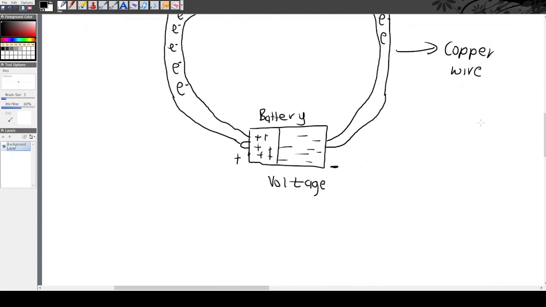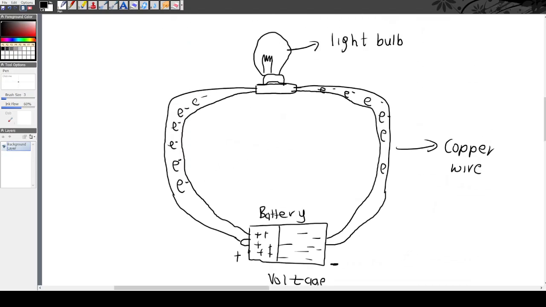Now let me show the whole diagram. Let's say we connect the battery to the bulb. When we connect this bulb and battery, there will be a flow of charges.